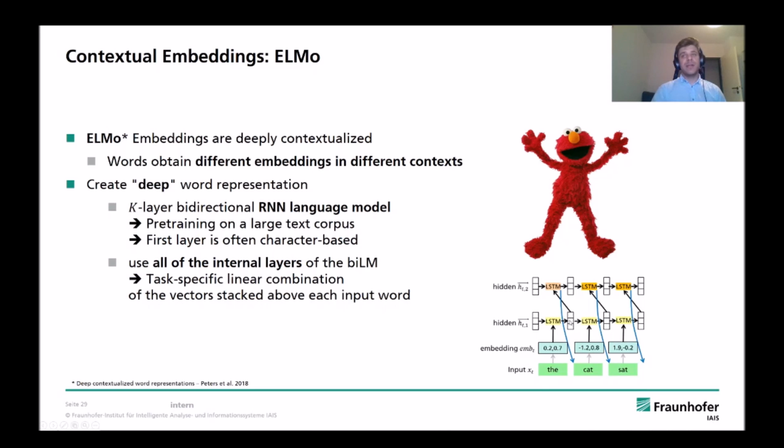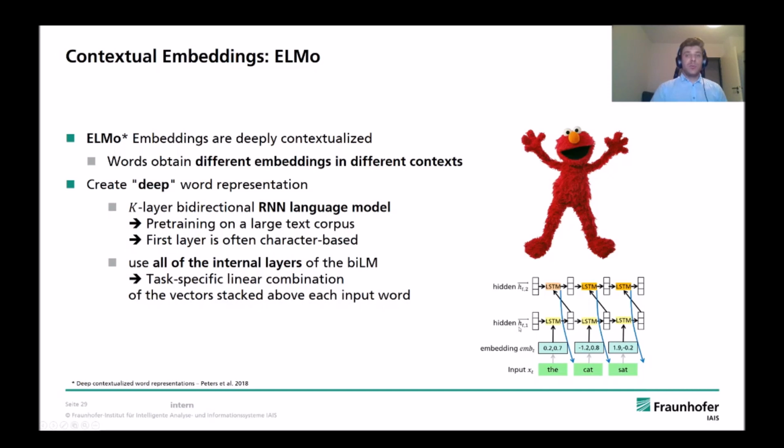Instead of just using one hidden vector to represent the word "the", for example, we're going to take the left-hand context and the right-hand context, and then we're going to have multiple LSTMs, for example, 2 layers of LSTMs, and we're going to use each of the representations created by these LSTMs, as well as an input representation, which could of course be, for example, byte-pair embeddings.